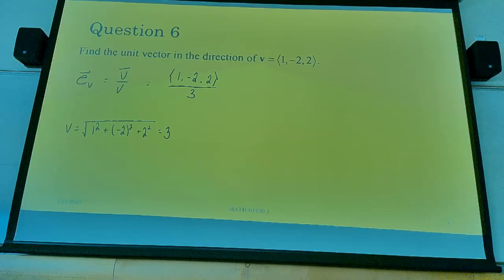Just realize that is implied to be a third times the vector. So that would be our unit vector in the direction of V.